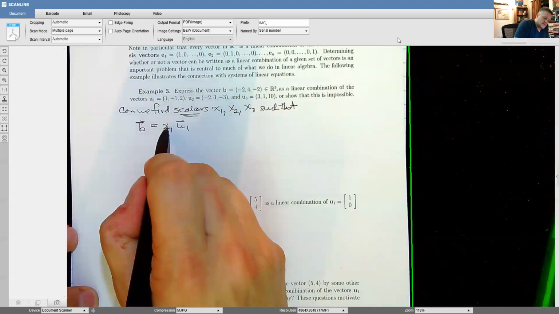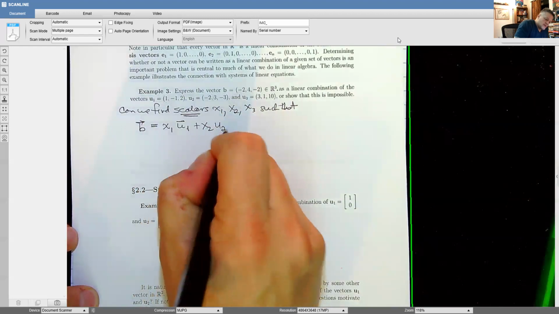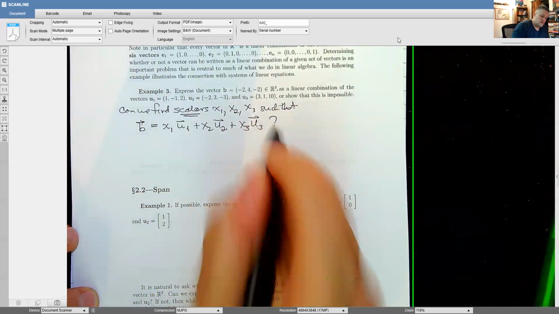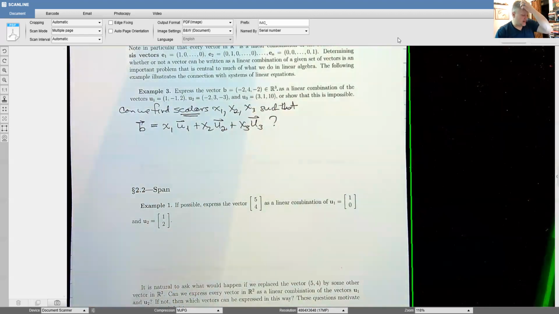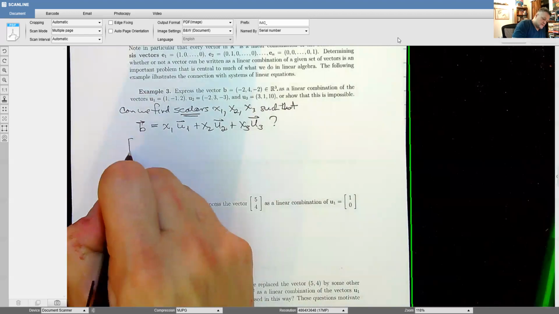So I multiply a scalar times the vector u1, multiply u2 by a scalar, and u3 by a scalar. If you can't find such scalars, then you can't write b as a linear combination of those vectors, plain and simple.